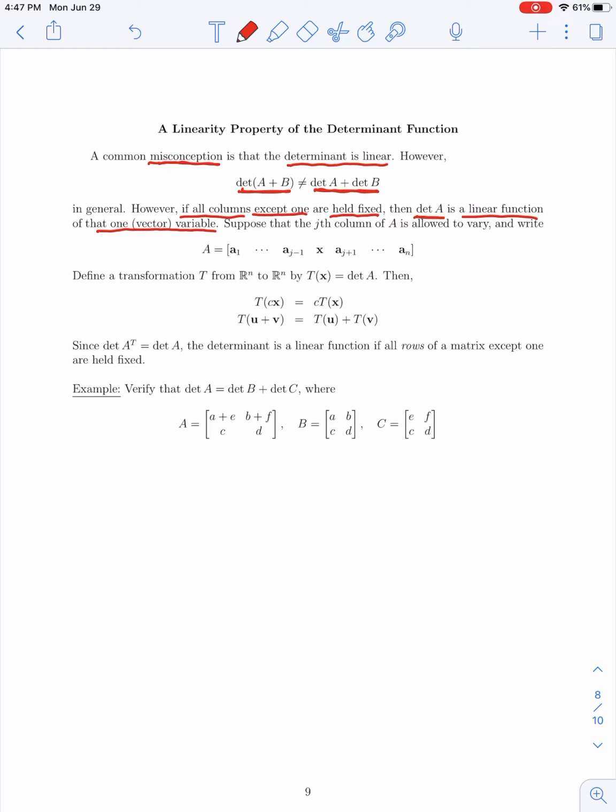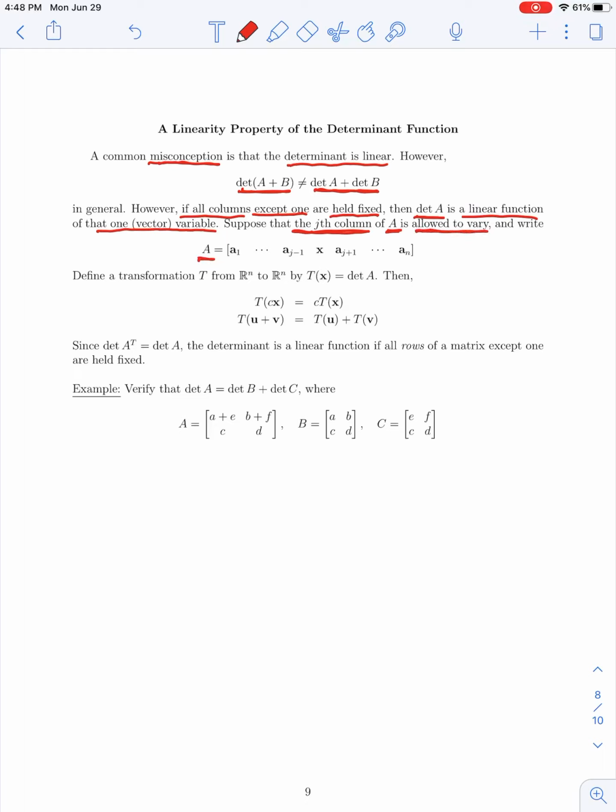That is the one column or one row, which can be considered as a vector, which is being changed. So to illustrate this, suppose that we have a matrix A, and the jth column of that matrix A is allowed to vary.